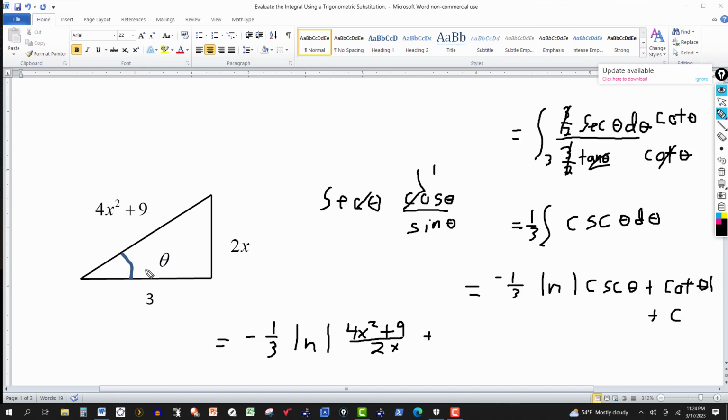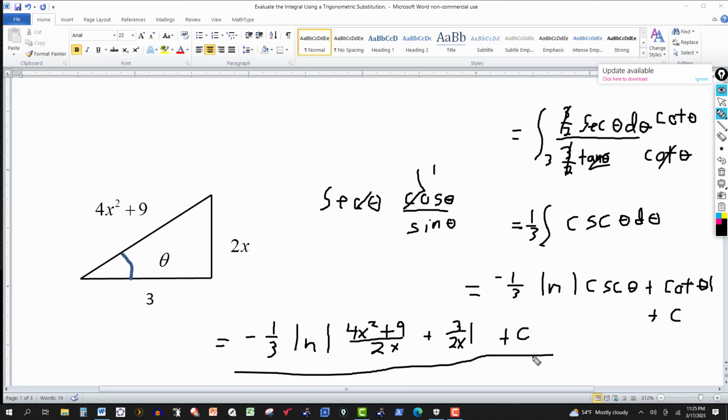Just look at the triangle. Cotangent is the adjacent over the opposite, in reference with the angle here. So adjacent over opposite would be 3 over 2x, plus the constant of integration.